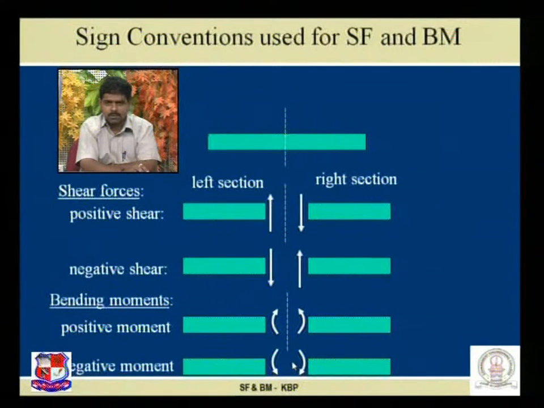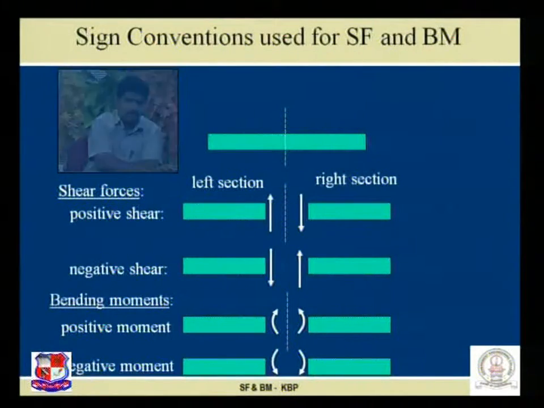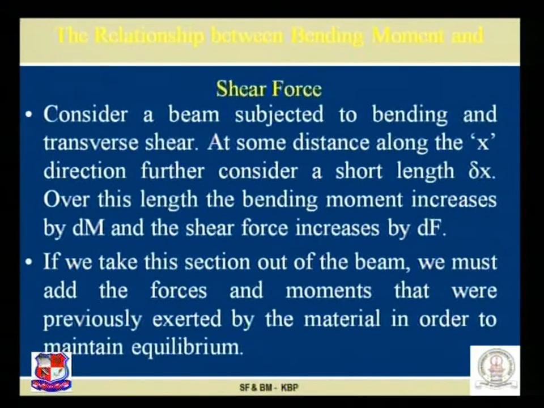Or vice versa, if a moment on the left side is acting anti-clockwise, or on the right side clockwise, this moment is referred to as negative bending moment, as per our sign convention called hogging bending moment. So now let us further proceed to the relationship between bending moment and shear force.